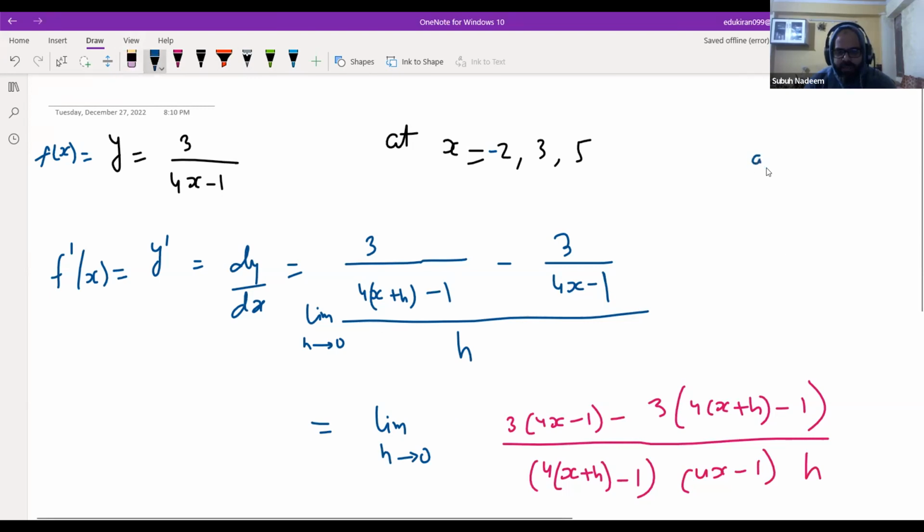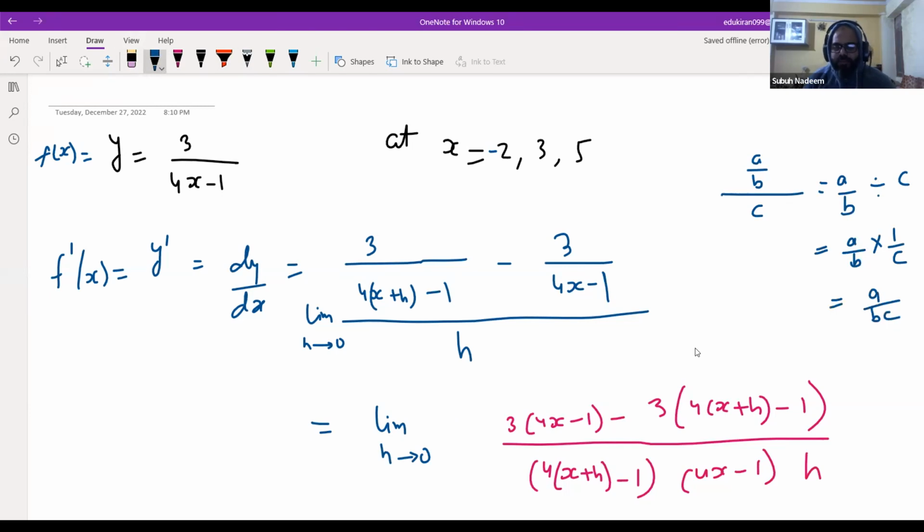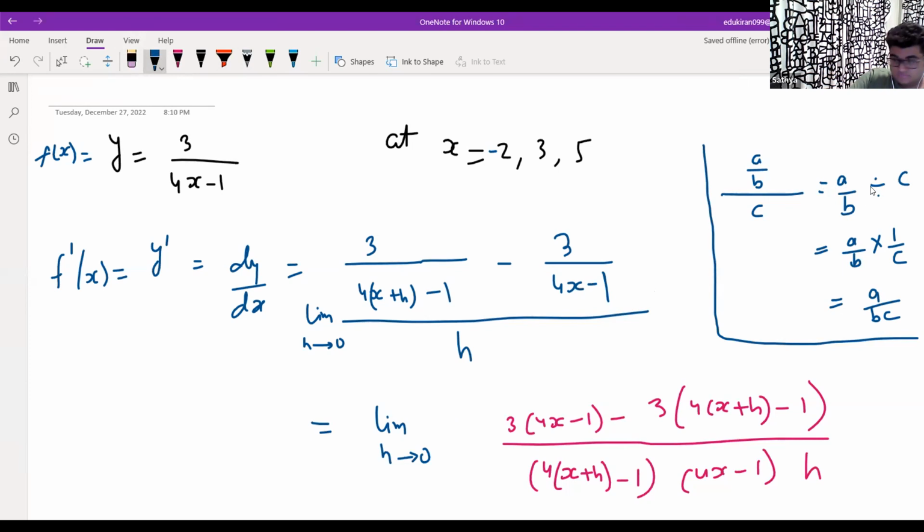Like if a by b is the main division, divided by c, then a by b divided by c is a by b into 1 by c. The main division is this one, so a by b divided by c becomes the reciprocal. Yes, sir. Okay.